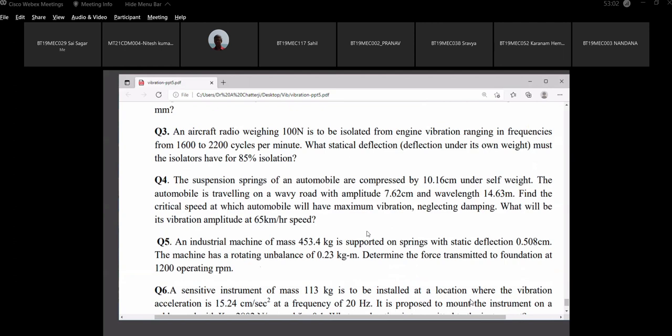Sir, which question? Fourth number. Question 4, motion transmissibility, question 4.